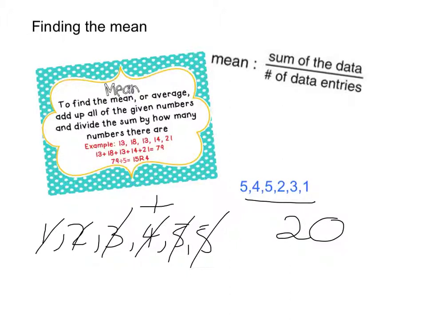So I've added those together. And then I need to divide that by how many numbers there are. And there are 1, 2, 3, 4, 5, 6 numbers. So 20 divided by 6, 6, 12, 18, 3, remainder 2. That would be my mean.